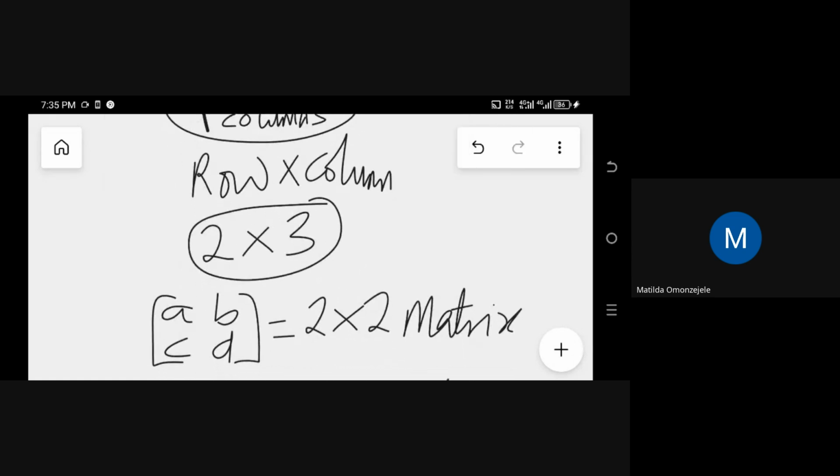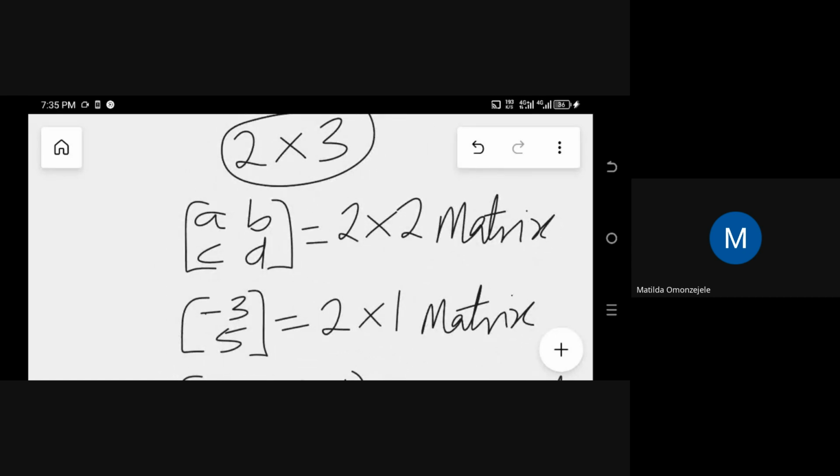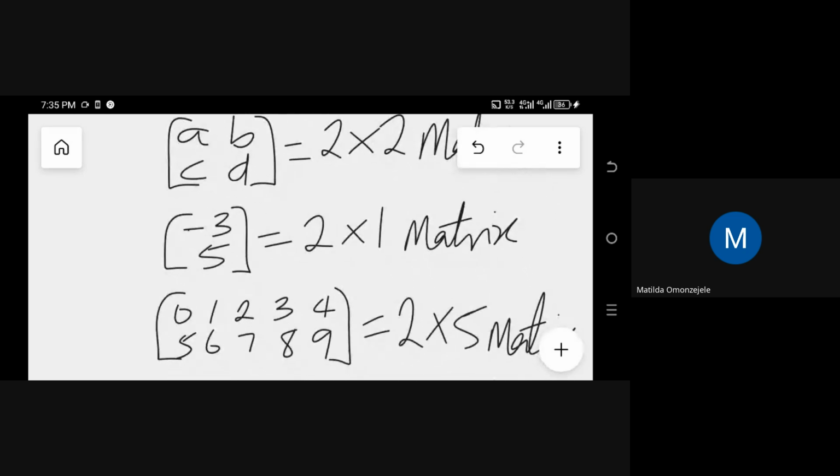Now we proceeded to order these other matrices. We have A, B, C, D here. We counted the rows, counted the columns, and we identified it as a 2 by 2 matrix. Proceeded to this other one, -3 and 5. There were 2 rows, but just 1 column, so we named this a 2 by 1 matrix.